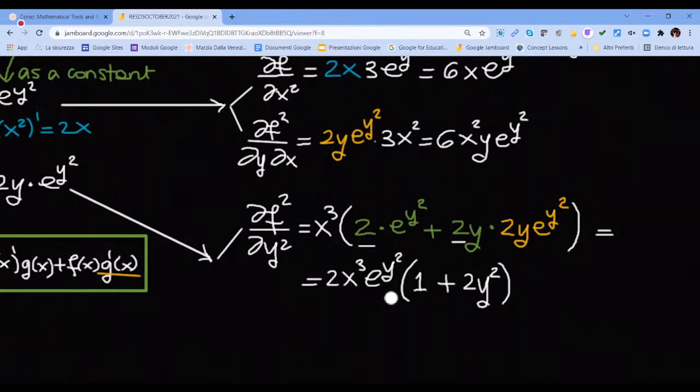Is everything positive? e to the y squared, e is always positive. The sign of this second partial derivative depends only on x cubed. So it will be positive when x is positive, it will be negative if x is negative. It will be 0 when x is 0, because everything else, exponential, number 2, the parenthesis 1 plus something, cannot be 0. Okay? Okay, so let's compute the other one.